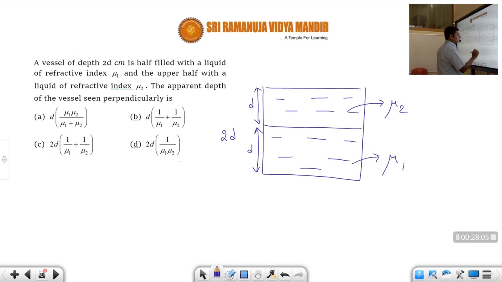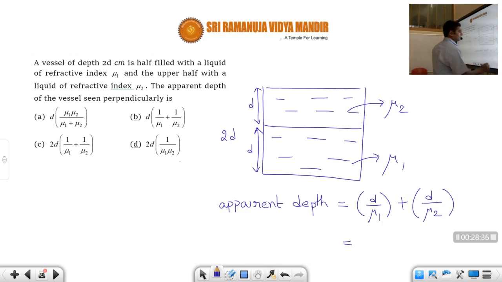If only mu1 and d are there, the formula is d by mu1. If only mu2 and d are there, d by mu2. So this is the apparent depth formula. If you take out common d, it is d times (1 by mu1 plus 1 by mu2). So that is option B, students.